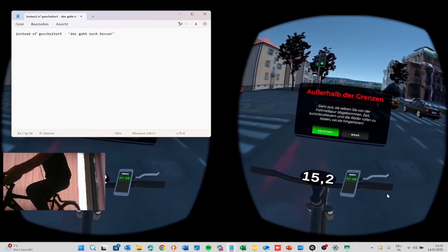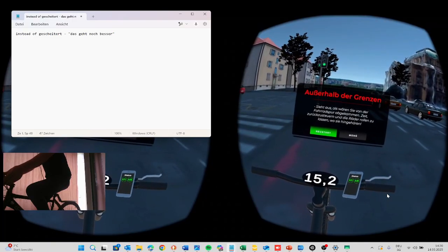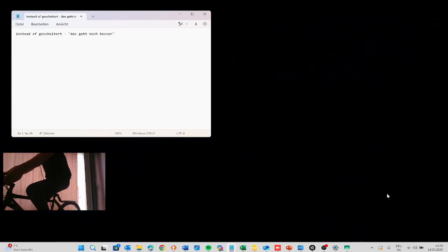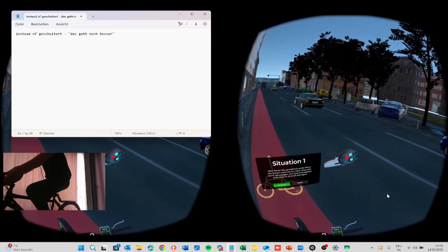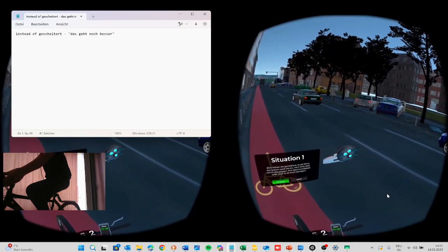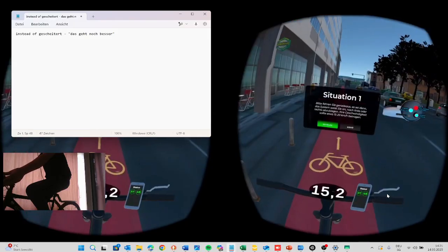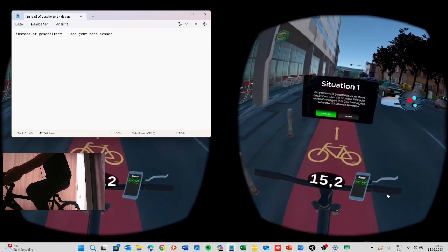So here somehow we should check. And even though I didn't click on reset position, you see that I'm on a wrong position somehow. I have to click on reset position, and only then I can do it again.